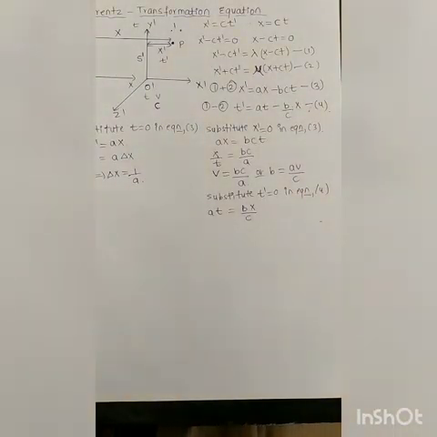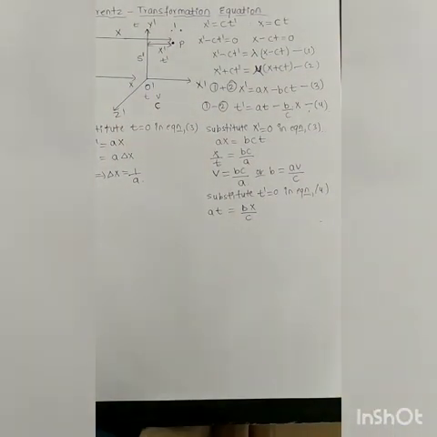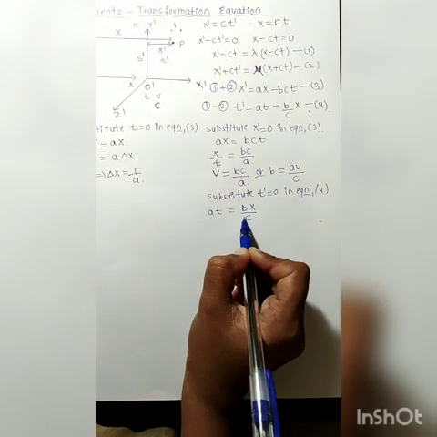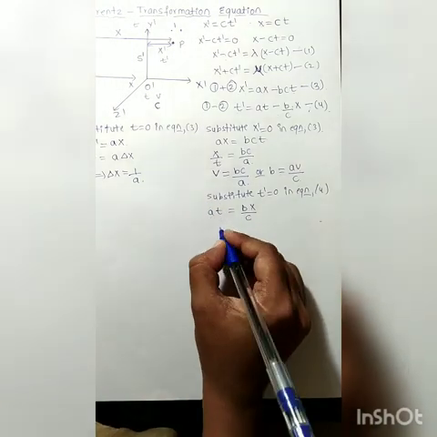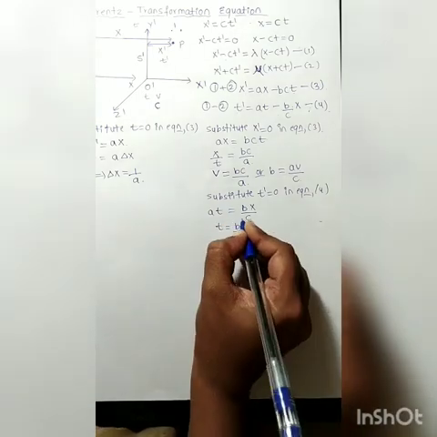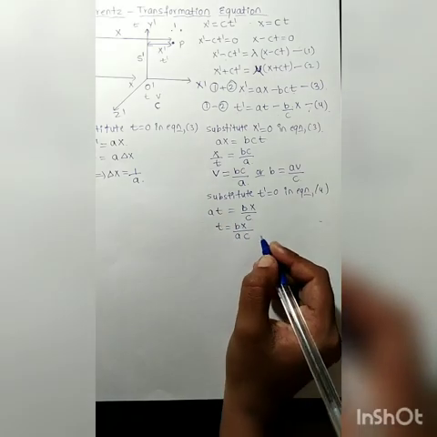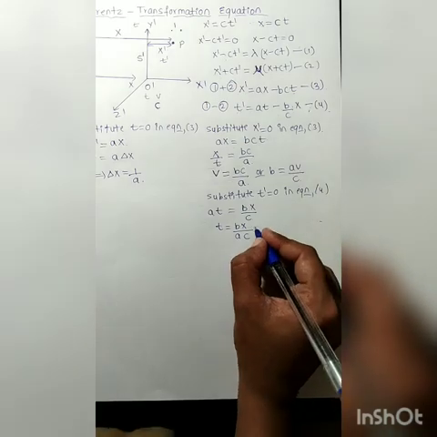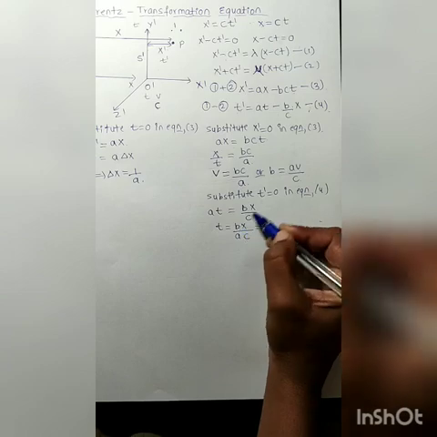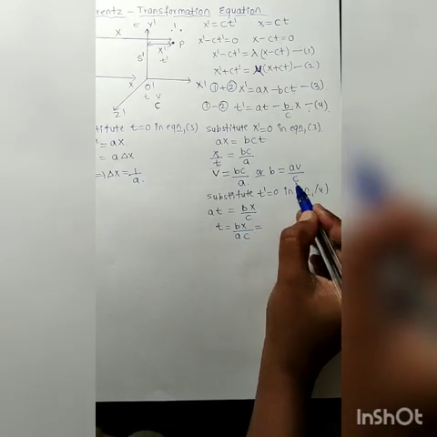So we are getting at is equal to bx divided by c. Transfer a to this side, so we will get t is equal to bx, and this a will come here, so this is b divided by ac. Which is equal to, already we know the b value, isn't it? So b value is nothing but av divided by c.